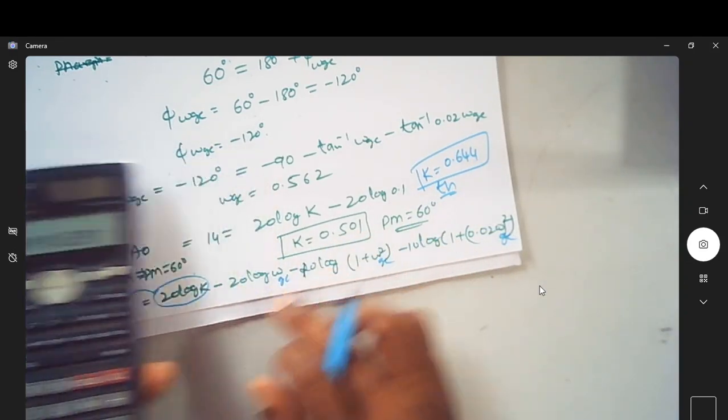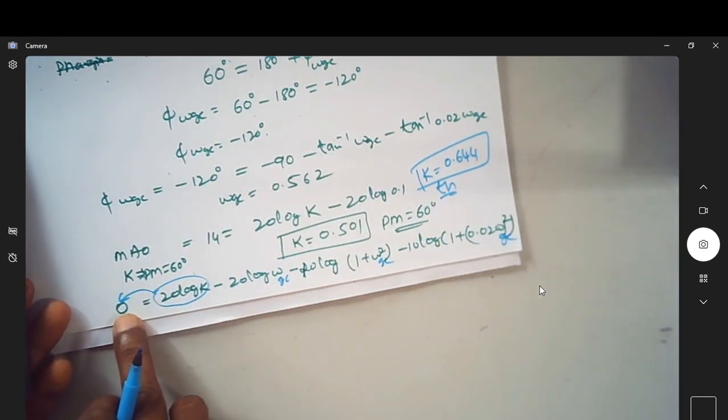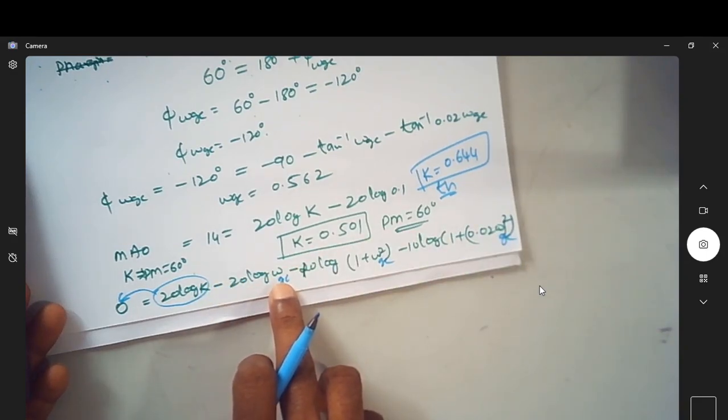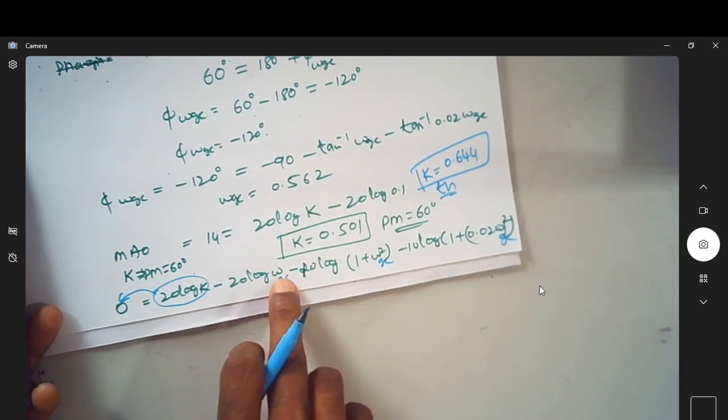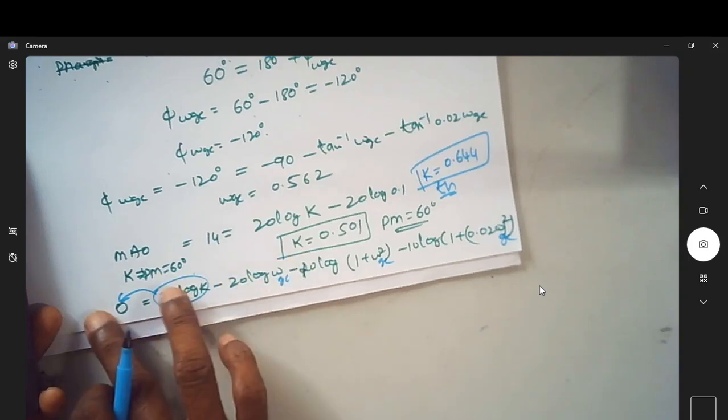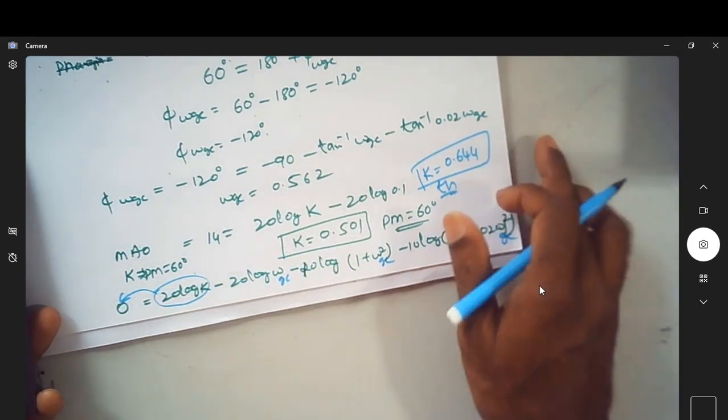What we did here is we substituted into this equation all the terms corresponding to the phase equation, the magnitude equation, omega GC here, omega GC here. So we know that this is a theoretical equation considering all poles.